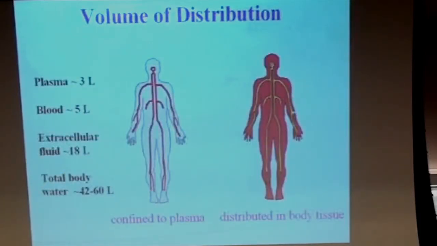Possible volumes of distribution in the body are plasma, which is about 3 liters, blood, about 5 liters, extracellular fluid, so all the fluid surrounding your cells, about 20 liters, and total body water, about 40 to 60 liters.